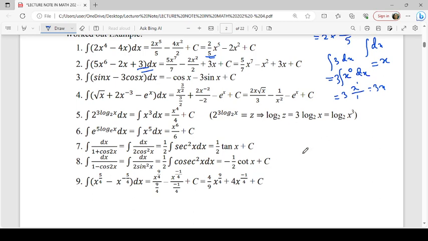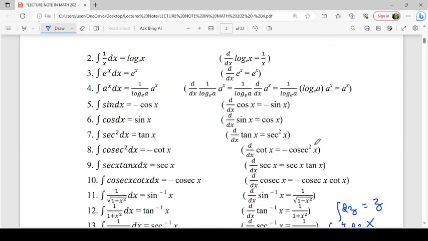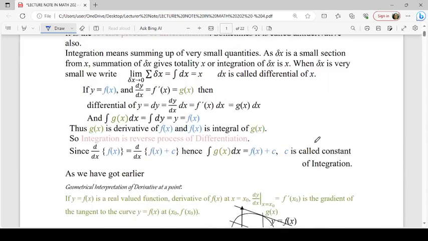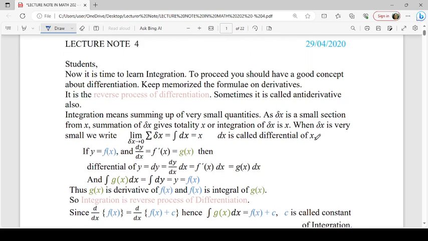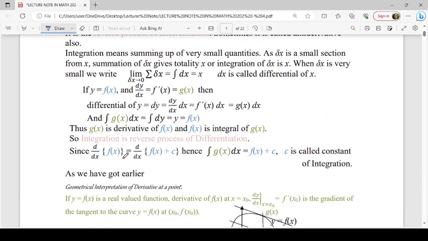In case of this integration, we have explained here that d/dx of f(x) plus c, because d/dx of a constant is 0. So this is the same. When we take the derivative of f(x), we get g(x).